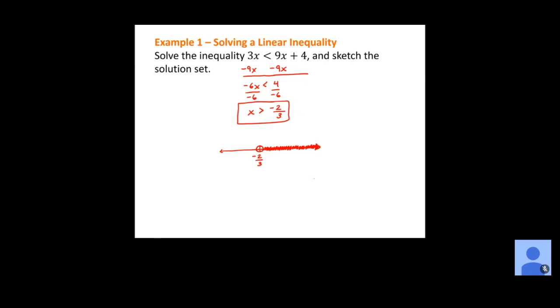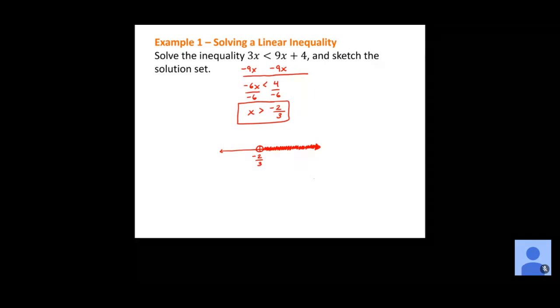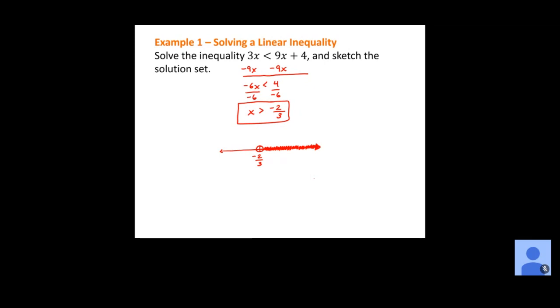So that is the sketch of my solution set. Notice there's an infinite number of values here that would make this inequality true, and all of them have to be greater than negative 2/3. That's what this tells us. Any questions on that one now?